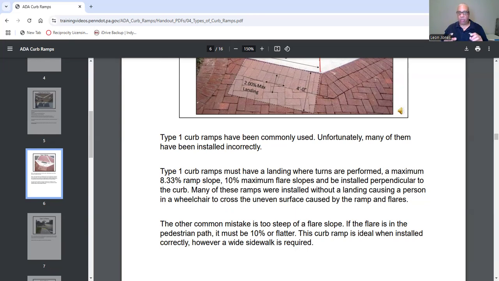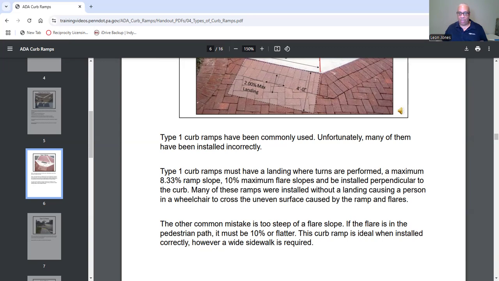The other mistake is, if you look at those flares at the end, they're very, very steep. 10% is steep. And that is a common mistake. Very steep flare slope. So if the flare is in the pedestrian path, it must be 10% or flatter.